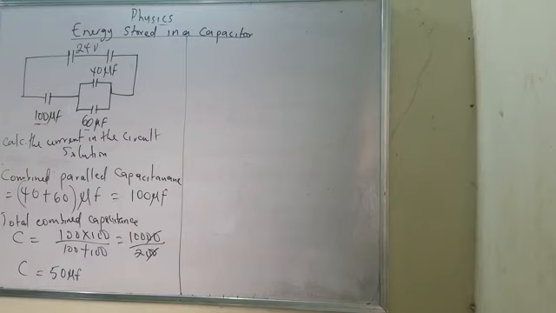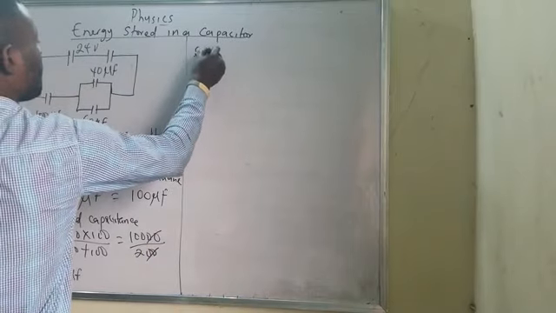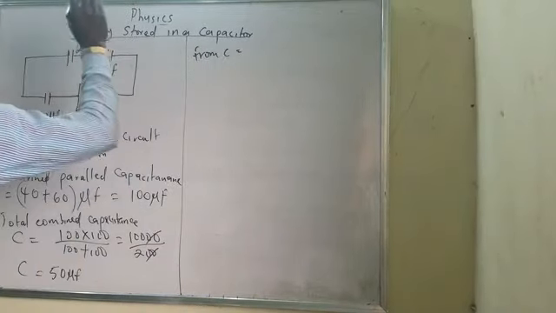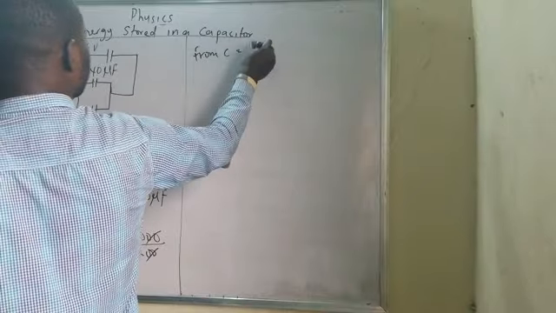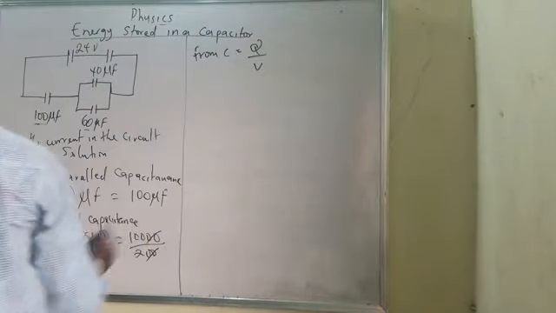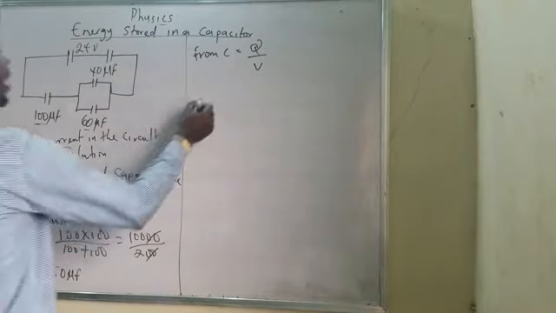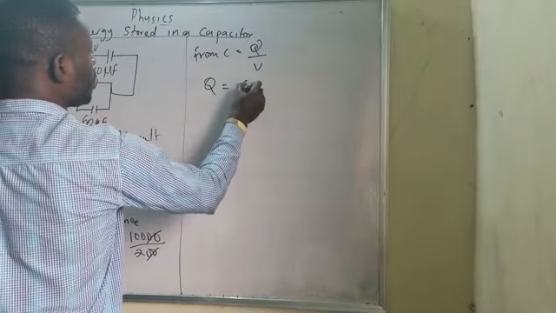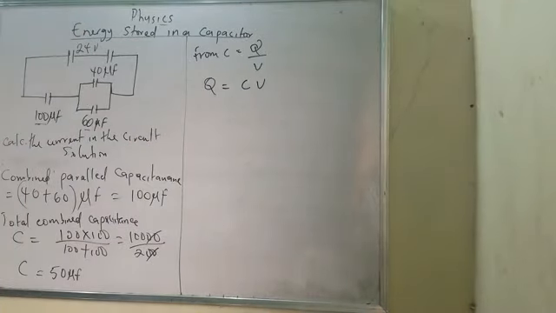Now from here, I can continue by having capacitance equals charge over volts, which I've told you earlier. It means my quantity will be equal to, what can I do now?